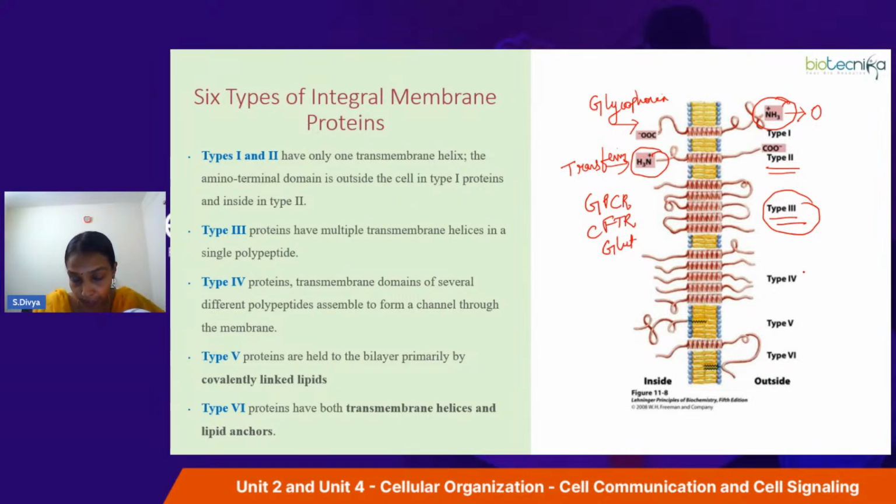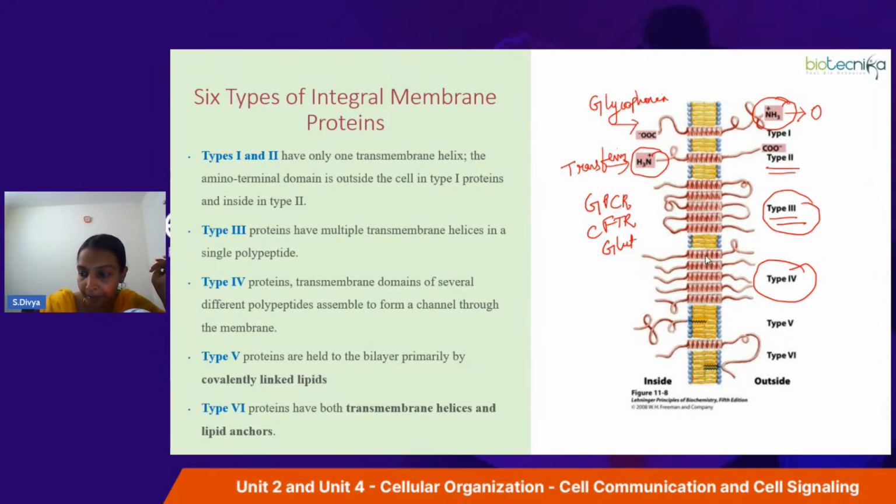Now, the difference of type 3 to type 4 is that here you will be having individual proteins accumulated together forming a channel. So, what should be an example over here? Individual proteins accumulated forming a channel. Here, single polypeptide that is having the transmembrane helices. But here, multiple proteins accumulated forming a channel.